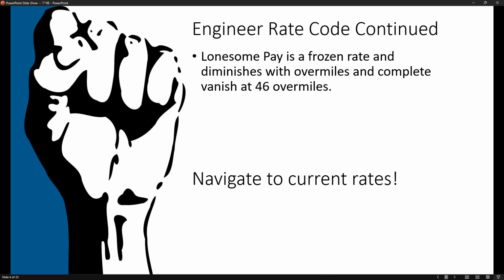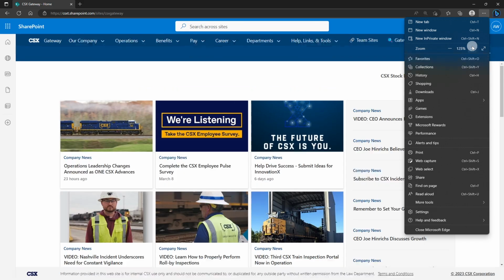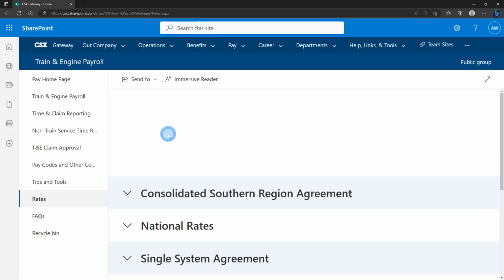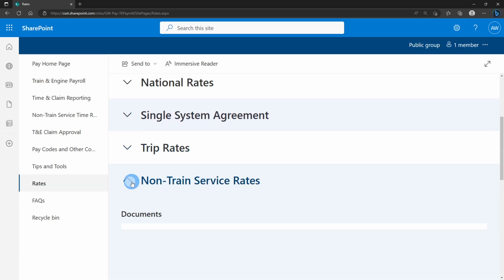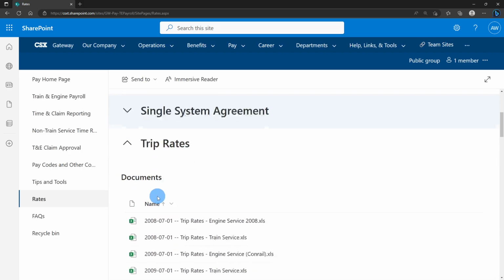Navigate to the current rates. Let's go find them. On the CSX gateway here, we're going to go to pay, rates, non-train service rates. You can find your trip rate for your trip rate agreements here.